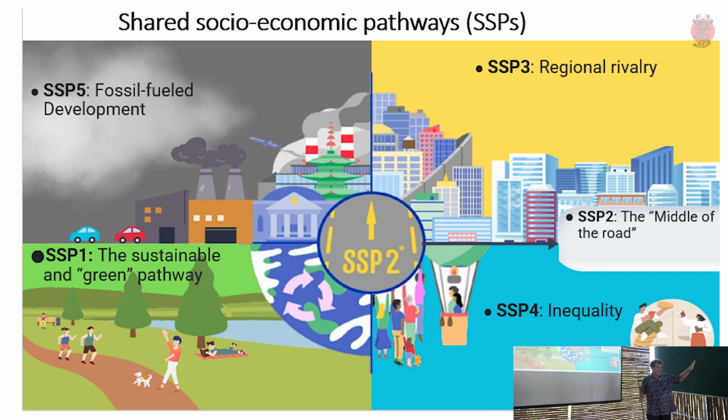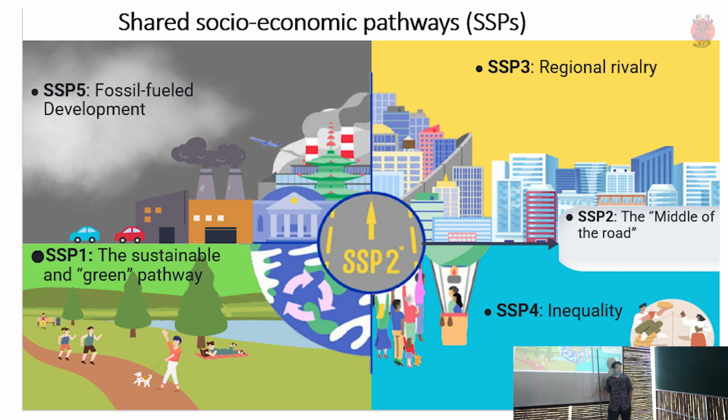Some countries have got a lot of social inclusion, a lot of equity. Others, you've got a massive separation between rich and poor. Some countries get on with each other, others are fighting. Okay, so this is the middle of the road. This one, rich nations, small population growth, poor nations, high population growth.